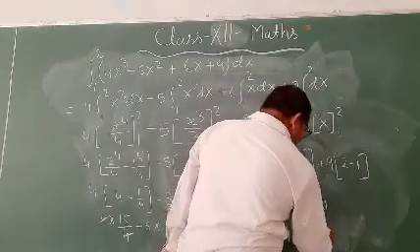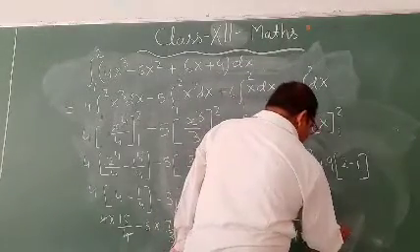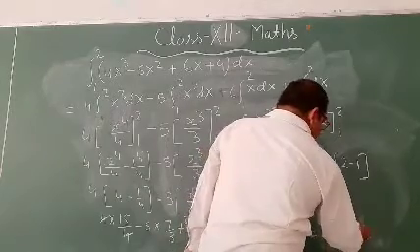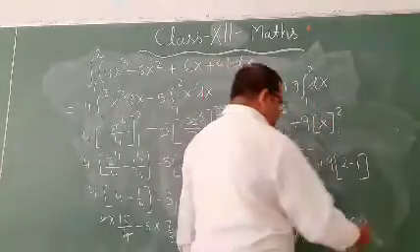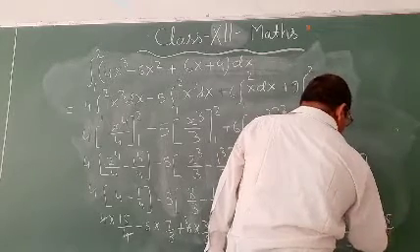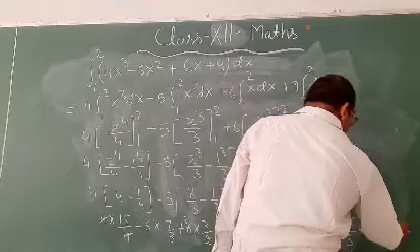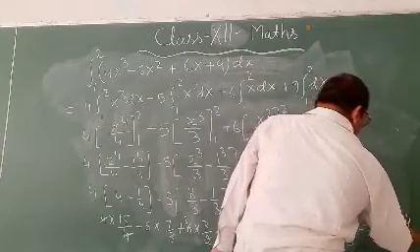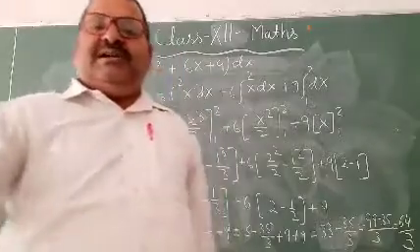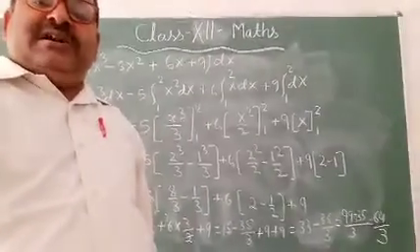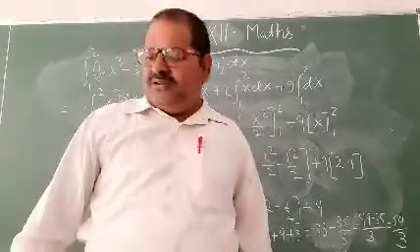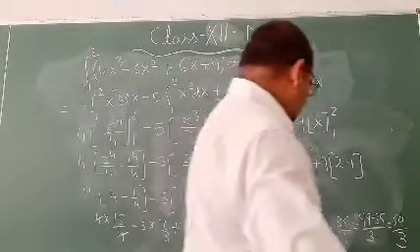That's equal to 99 minus 35 by 3, that's equal to 64 by 3. 64 by 3 is the result of the given expression. Clear? Okay.